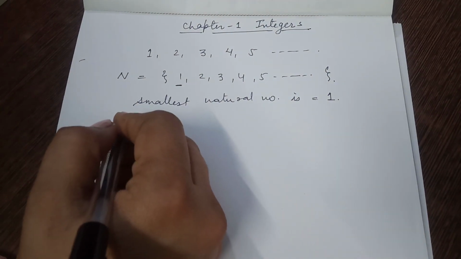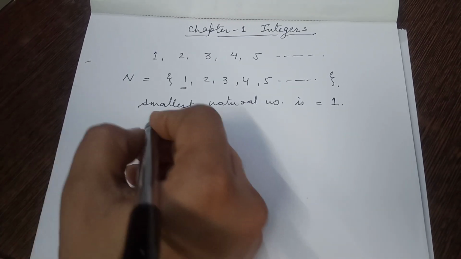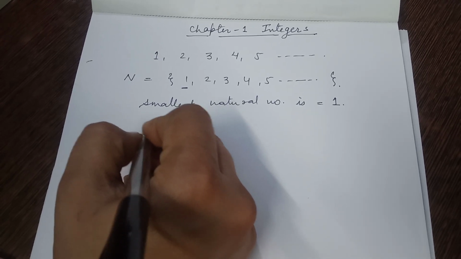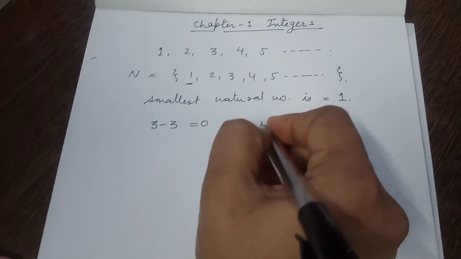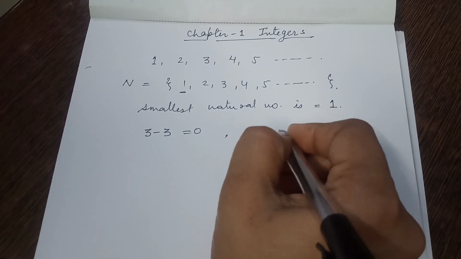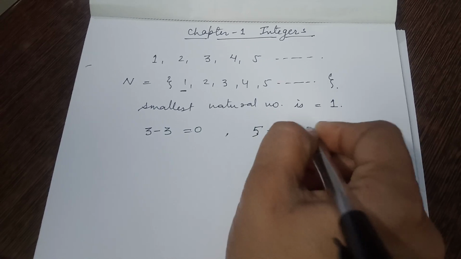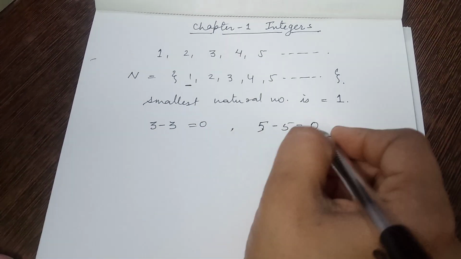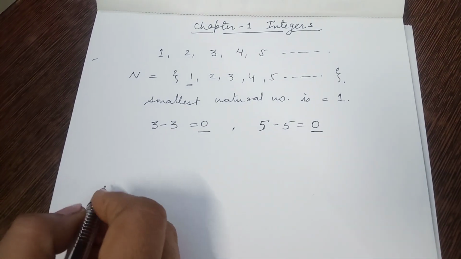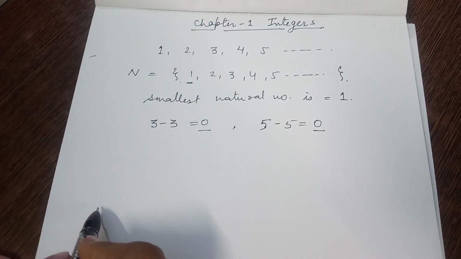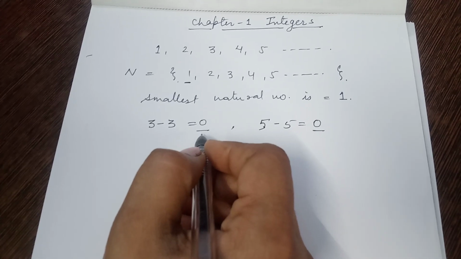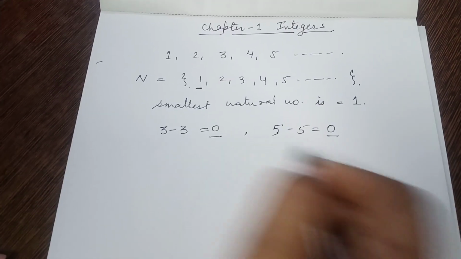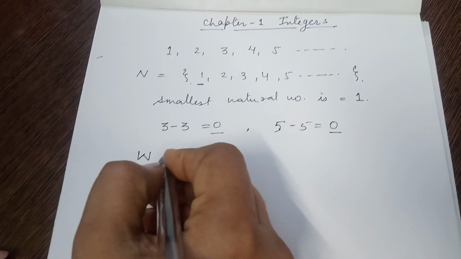But while doing calculations, we found that when we subtract 3 from 3, we get 0. Say 5 minus 5, 0. The number 0 is not in the group of natural numbers. So for this 0, a new set of numbers was formed that is called whole numbers.